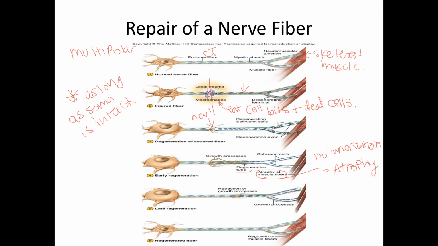As the growth processes reach the end, they remake the neuromuscular junction, and once you can start exciting this muscle tissue again, you get a reversal of atrophy, and you get hypertrophy again, and the muscle presumably goes back to normal. Now this takes a while, but it does work as long as you haven't ruined the soma.